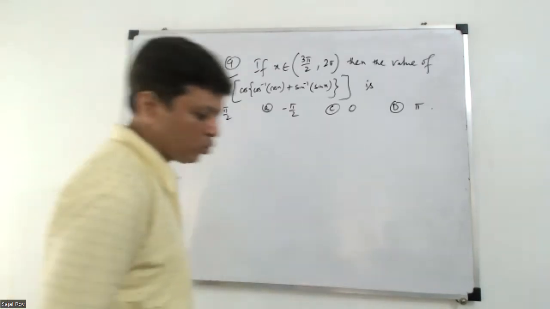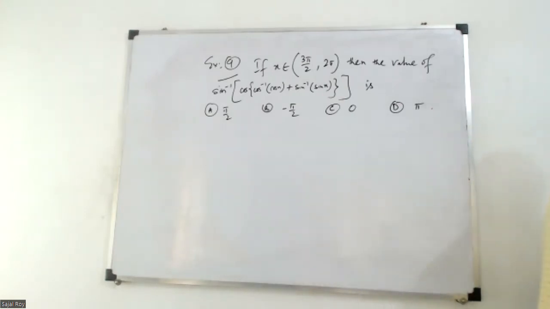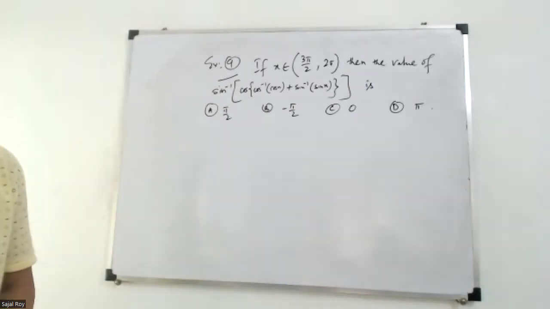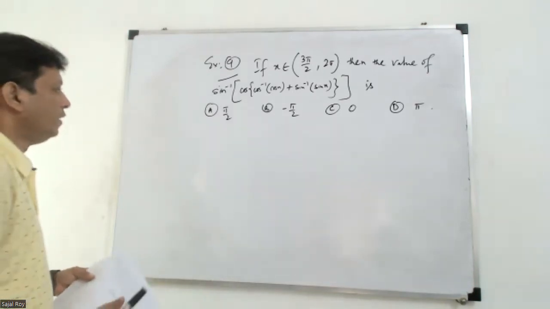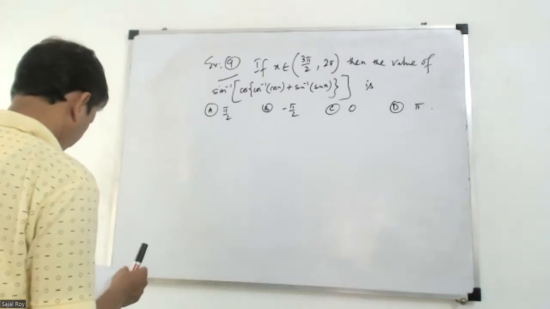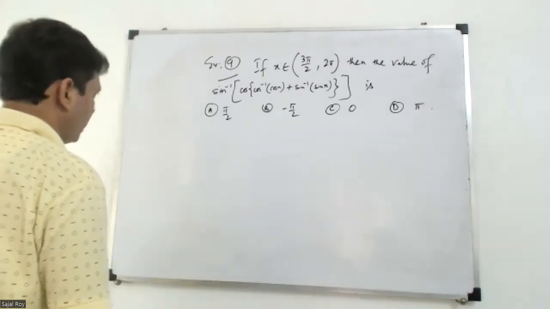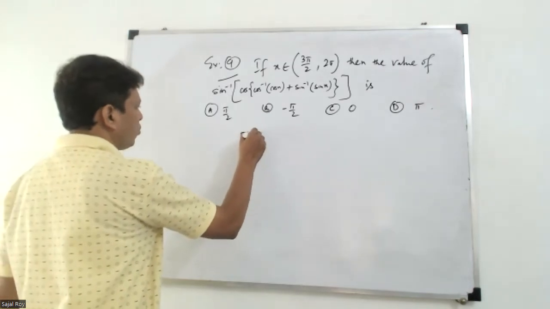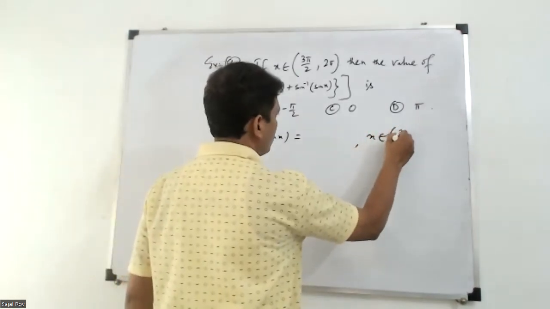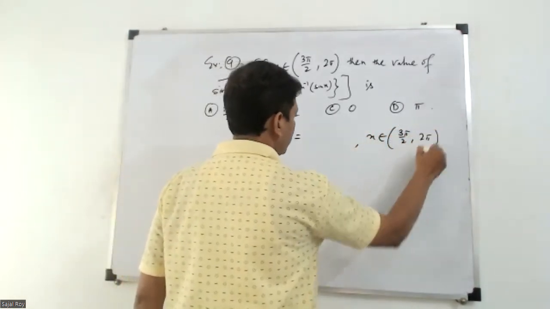So I will give you some time to solve this problem because this is from the graphs. Tell me, what is your sin inverse sin x when x belongs to 3 pi by 2 to 2 pi?